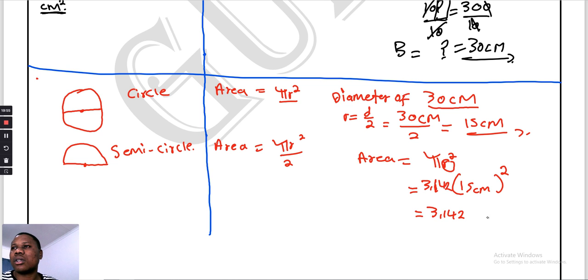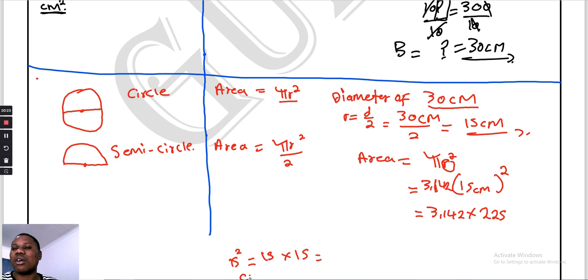Multiplied by 15 to the power 2. 15 to the power 2 is the same as saying 15 multiplied by 15, which is going to be 225. That means now we have squared 15. Then what about the centimeters?